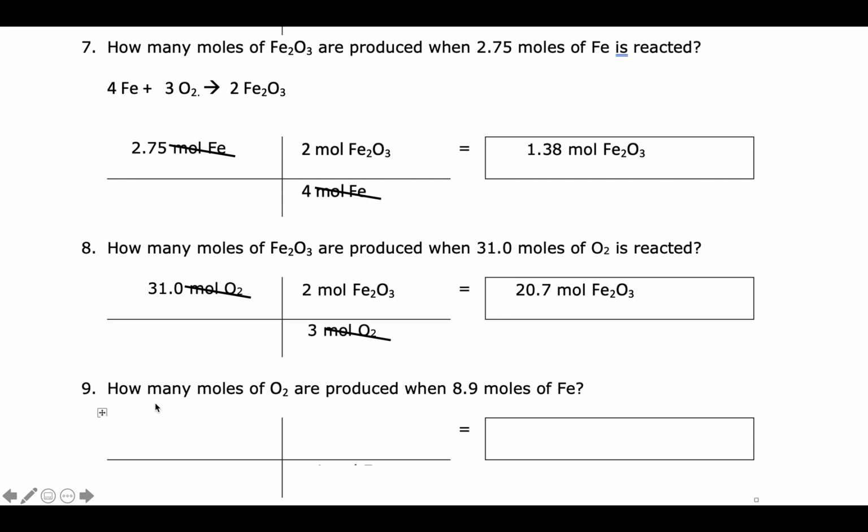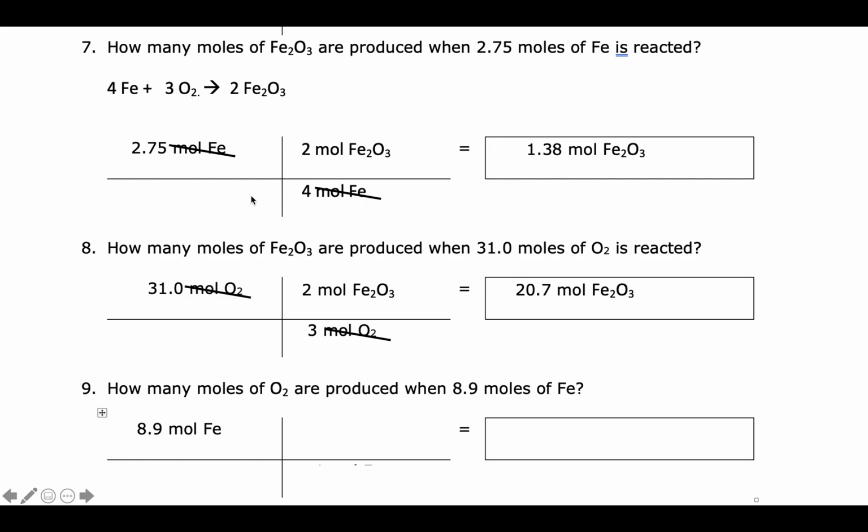Okay, finally, how many moles of oxygen are produced when 8.9 moles of iron is reacted? Okay, so that's the number we have. We're going to start with that. Now we need a relationship between the oxygen and the iron. We go back to the equation. There's the oxygen, there's the iron. It's a 4 to 3 ratio.